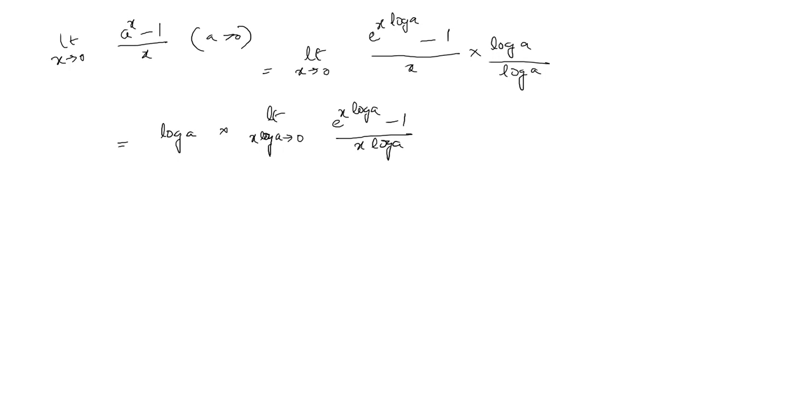I can take the constant log a outside, and write the limit as x log a tends to 0 of (e^(x log a) - 1)/(x log a). This limit is 1, so log a multiplied by 1 is log a. Here log a means log a to the base e.